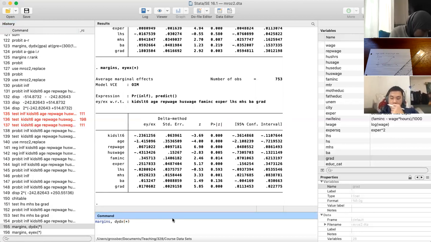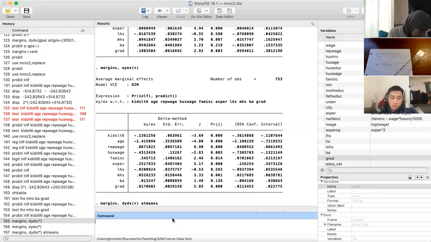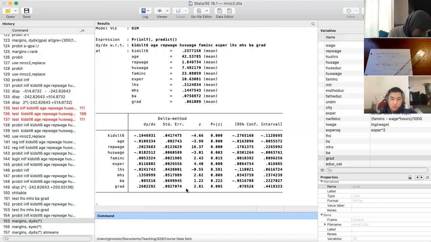And so in this case, I go back to my margins command, dy dx. So I'm asking for derivatives, and I'm going to say at means. When I do that, it tells Stata, unless I've indicated otherwise, to put all values at their means. And so it tells us what the means are for each value, and it then gives us the derivative at the mean of each value.